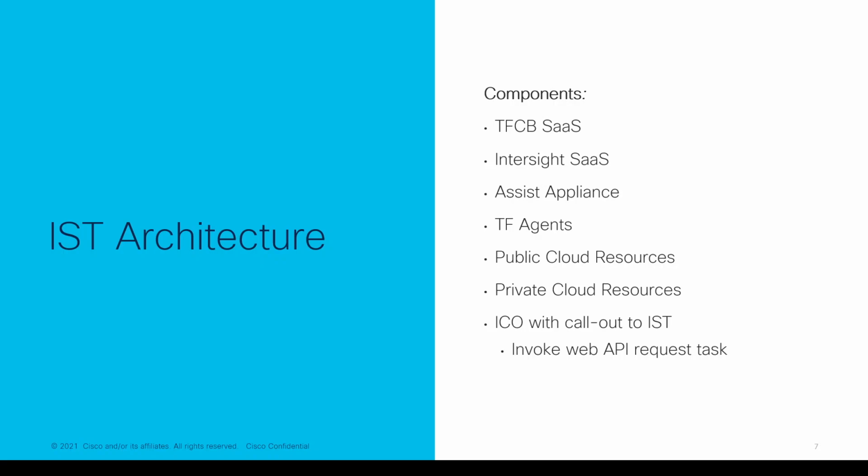Finally, with Intersight Cloud Orchestrator, you can make callouts to Intersight Service for Terraform, meaning you've got a workflow, a larger process, and within that larger process, you need to use Terraform to do some work in order to achieve the overall business outcome for that entire workflow.